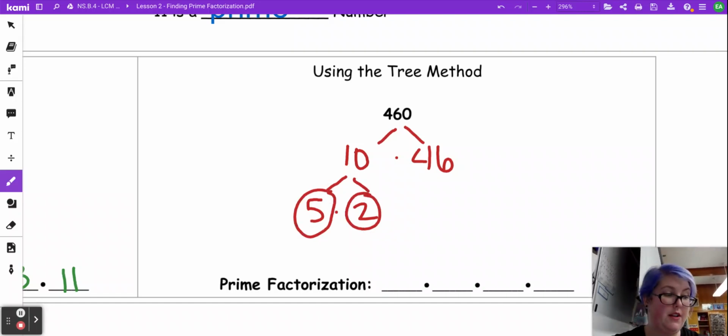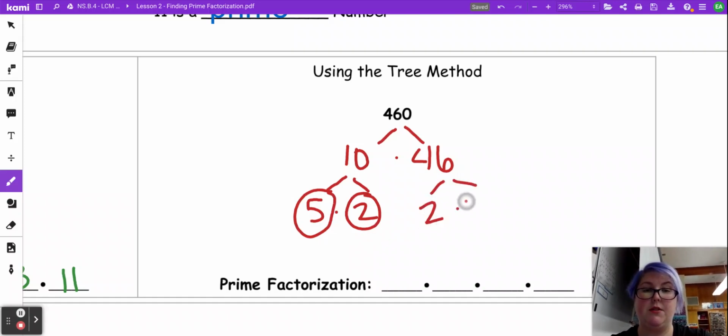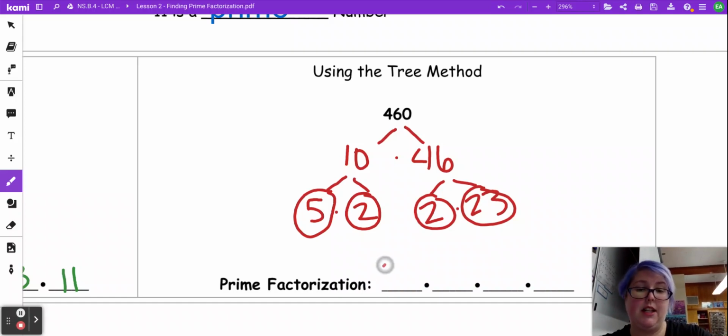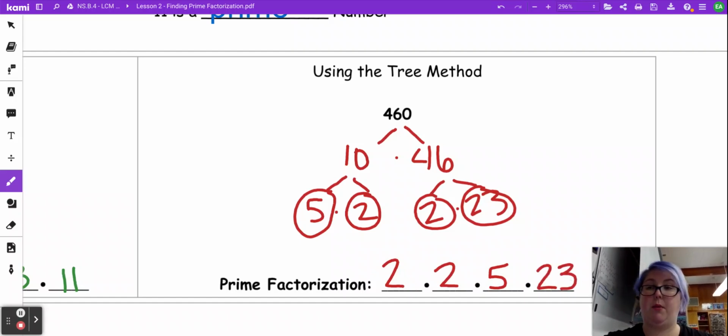Now let's go over to 46. Not a prime, but 46 is 2 times 23. And both of those are prime numbers. Once all the numbers at the bottom are circled or factorized into prime numbers, here we go. So the prime factorization of 460 is 2 times 2 times 5 times 23. All of those are prime numbers.